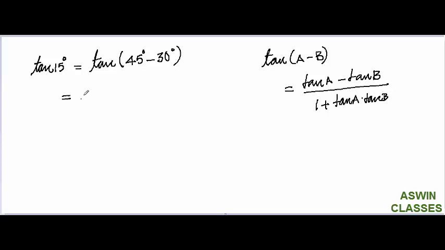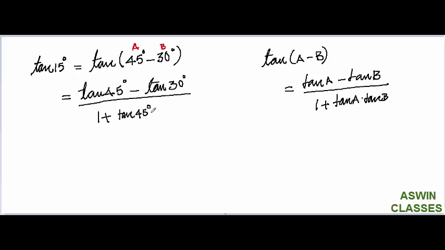This is equal to tan, here A is 45 and B is 30. So (tan 45 degree minus tan 30 degree) whole divided by (1 plus tan 45 degree into tan 30 degree). This is equal to tan 45 is 1 minus tan 30 is 1 by root 3, whole divided by 1 plus 1 into 1 by root 3.